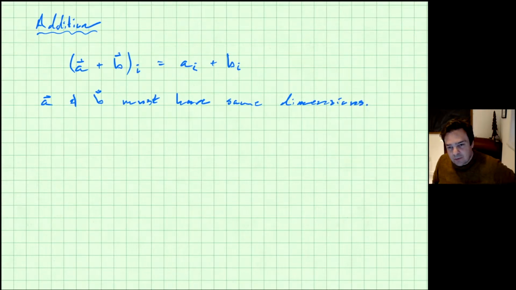Sometimes people consider it possible to add vectors without the same dimensions, but what they really mean by that is they're giving 0 to one of the extra dimensions of the one that has fewer. But we'll just say they have to have the same dimensions.